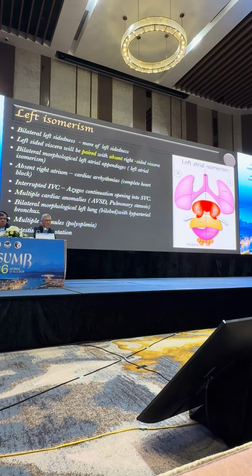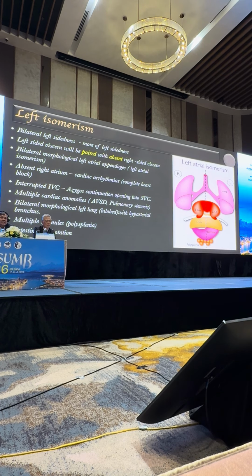Next important factor is that these heterotaxies are associated with multiple cardiac abnormalities such as AVSDs or pulmonary stenosis. And another thing is bilateral morphological left lung, multiple spleens and intestinal malrotations. These are all the associated factors that we need to consider.